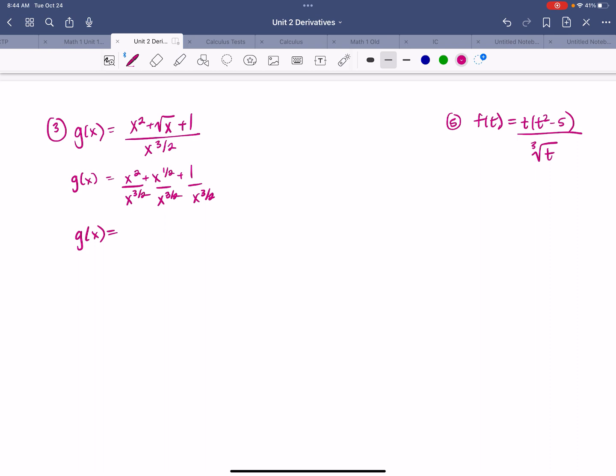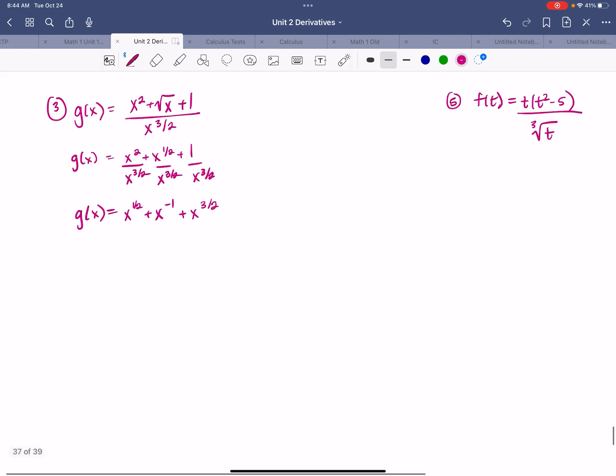So, in my first quotient, 2 minus 3/2 is going to be x to the 1/2. Second quotient, 1/2 minus 3/2 is going to give me a -1. And then x to the 3/2, if I bring that up, that's going to be a -3/2.